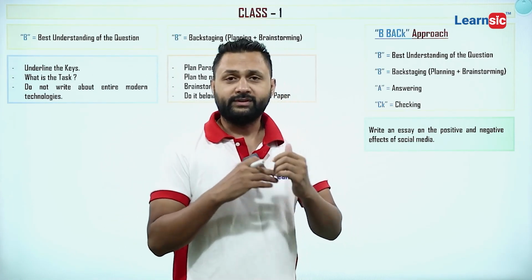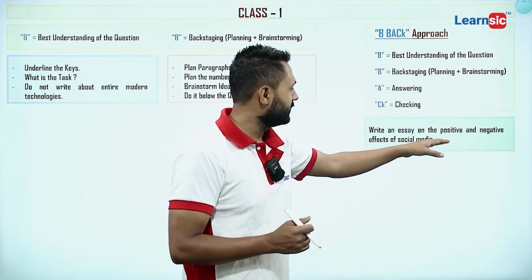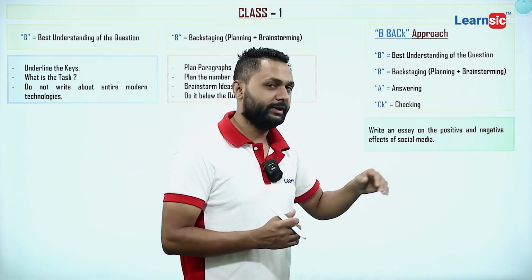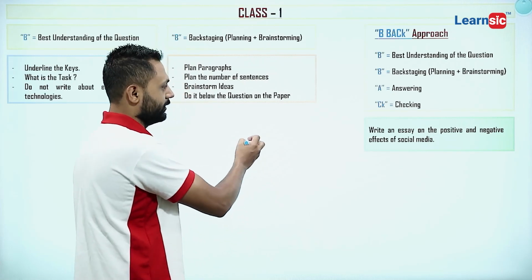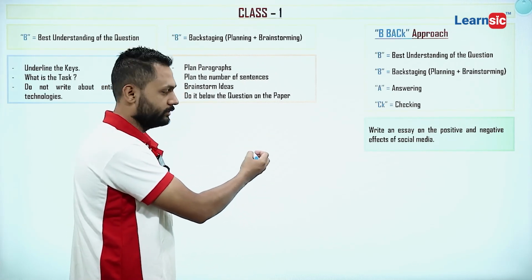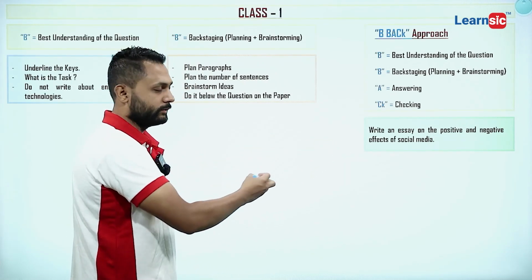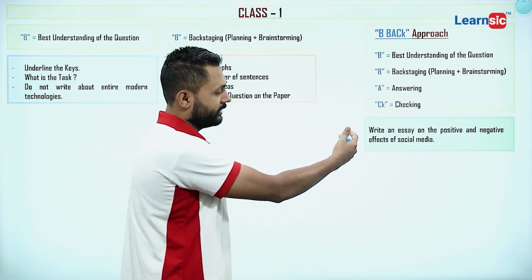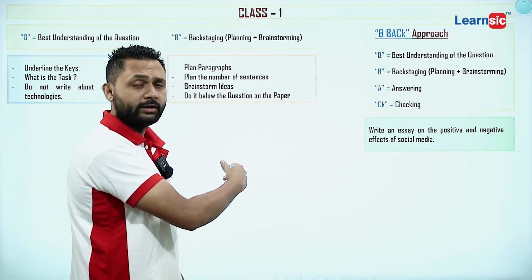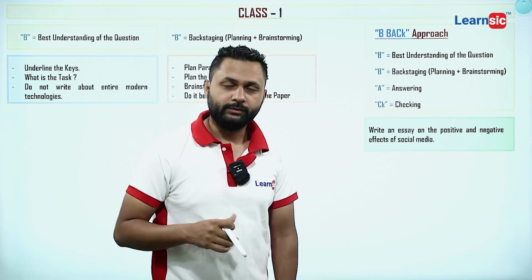Let me make a rough sketch of planning. Writing about the positive and negative effects of media, in your planning you can just plan what positive thing you are going to write and what negative thing you are going to write. How are you going to explain the positivity and how are you going to explain the negativity? You can plan everything on the paper.